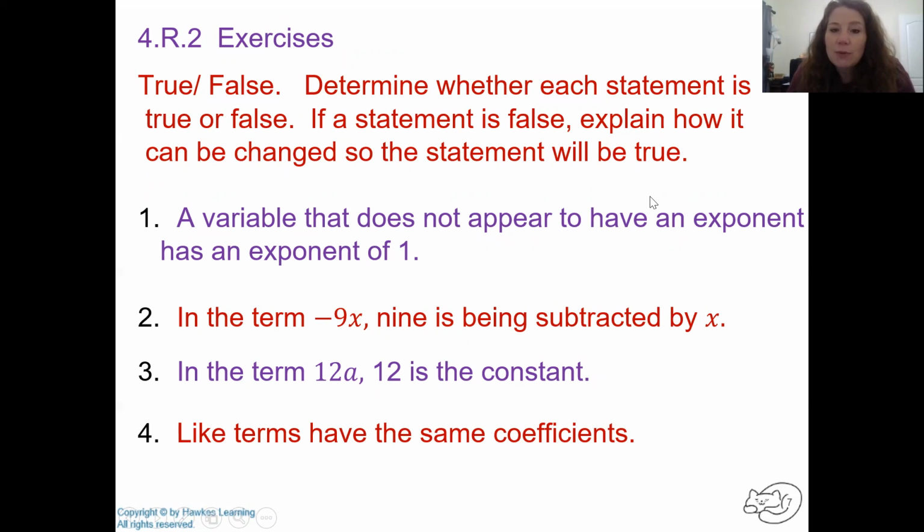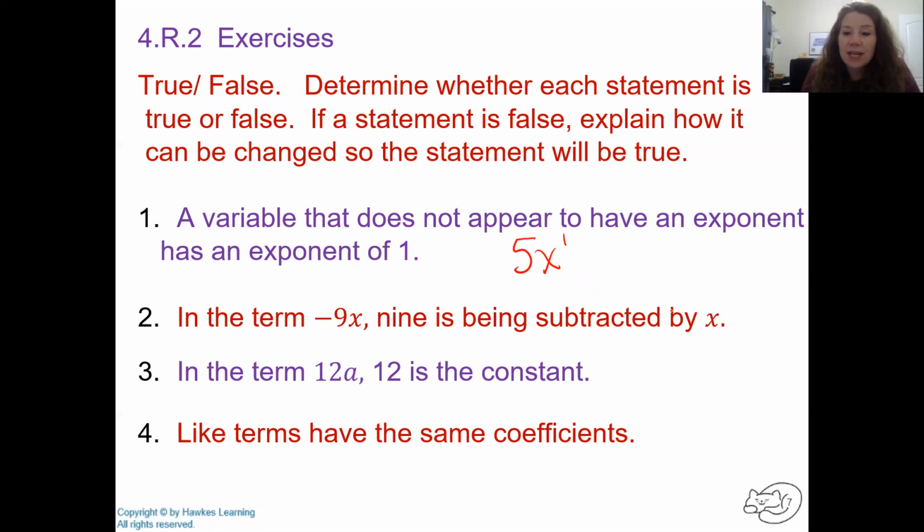Number 1, a variable that does not appear to have an exponent has an exponent of 1. Is that true or false? It's true. So if we say 5x, that exponent is to the first power. So that is true. In the term -9x, 9 is being subtracted by x.